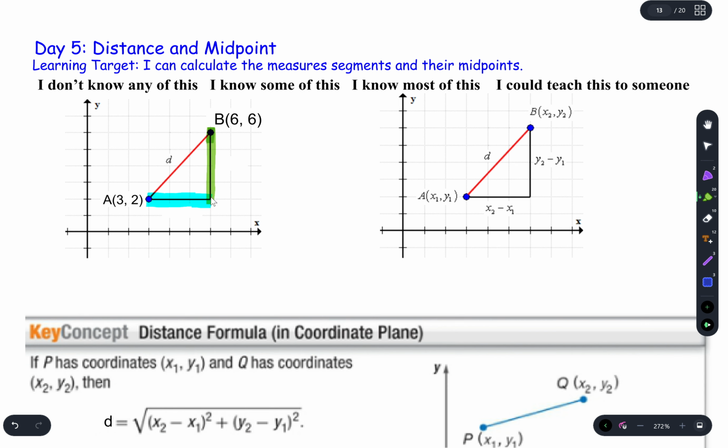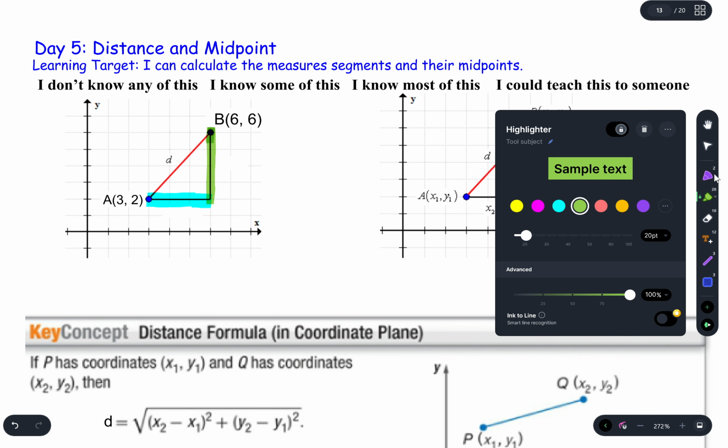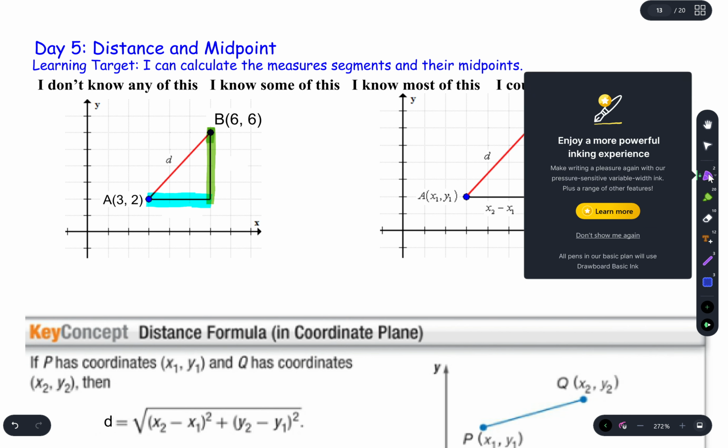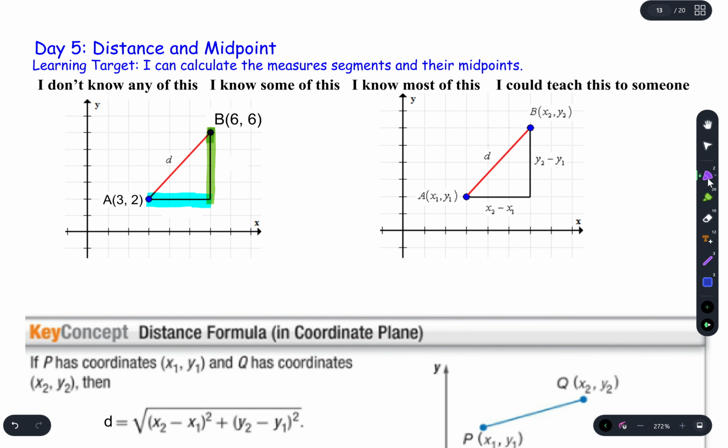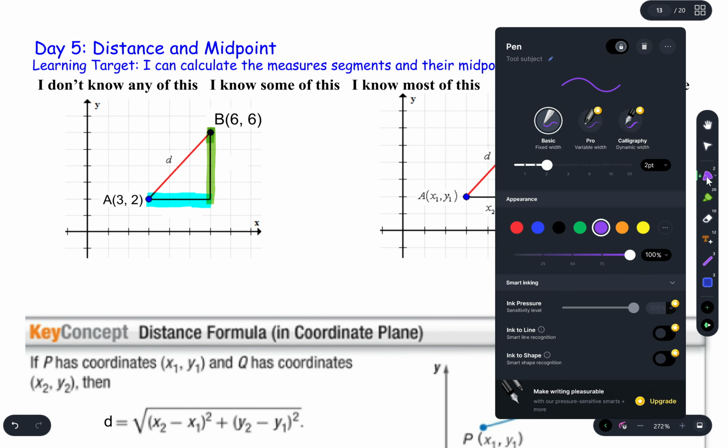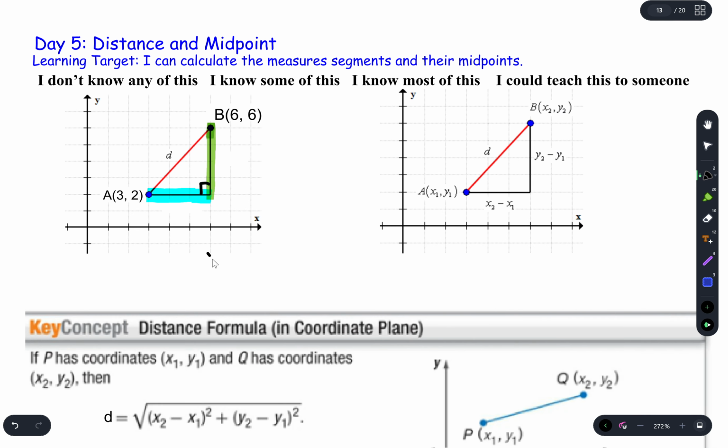So do we see these parts in here? Hopefully. In order to make a right triangle, connecting these things up horizontally and vertically, basically what I'm doing in this corner here of this triangle is making a right angle, right down in the corner.